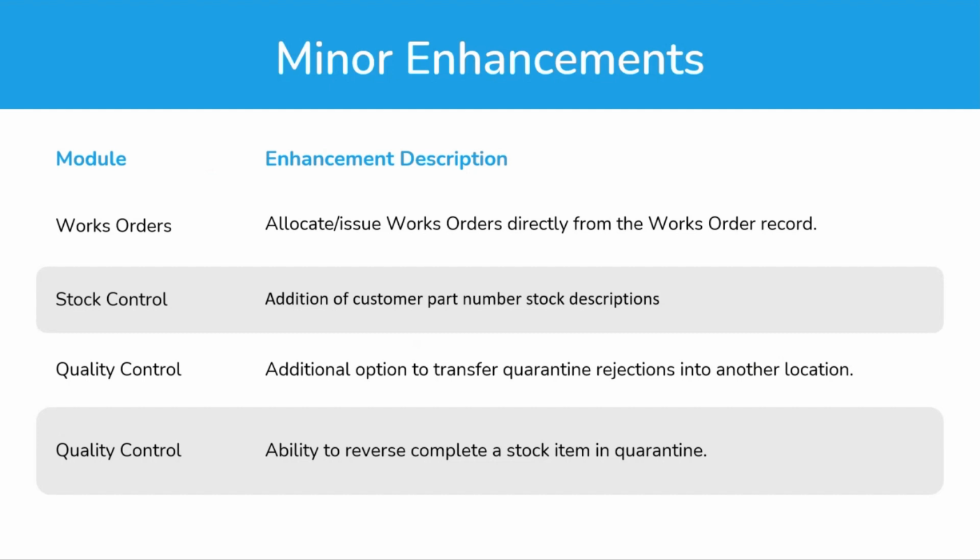So rather than writing them off or raising rework works orders or purchase returns, you can now have another option to transfer them into another warehouse, which typically would be a quarantine warehouse, which is not being seen as a replenishment for MRP purposes. And also from this release on, you will be able to reverse complete a works order once it's been completed into quarantine. So if it's still in the quarantine, you can still reverse that completion.